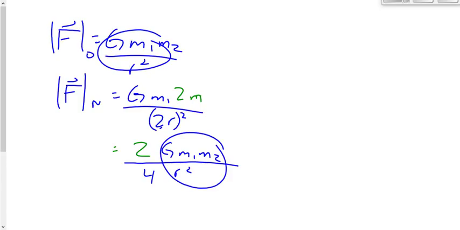So what's the force become now? 2 over 4, or 1/2 of what it was. So if you just double the distance that separates them, then it's going to become 1/4 of what it was. If you double the distance and double one of the masses, then it's going to become 1/2 of whatever the force was before.